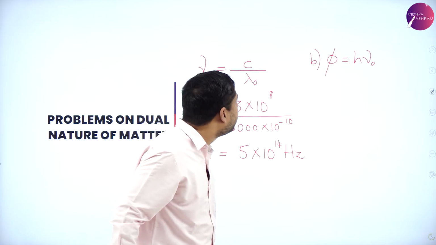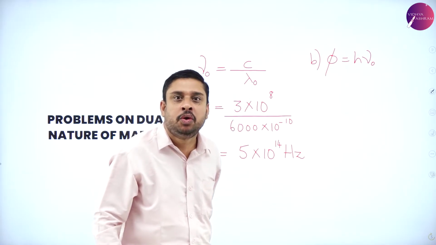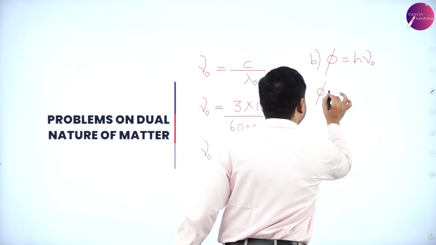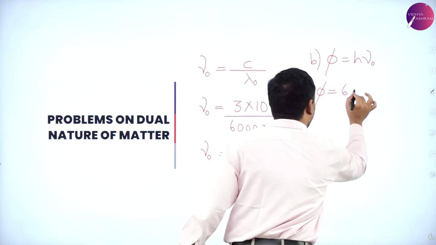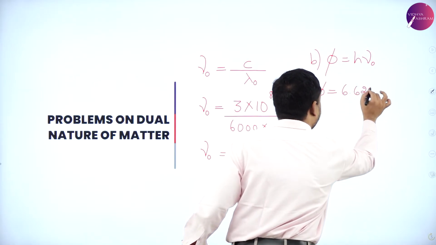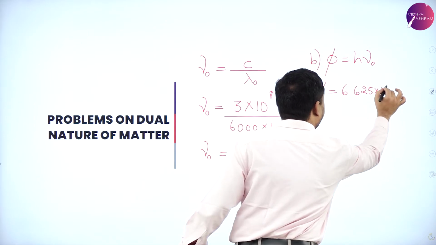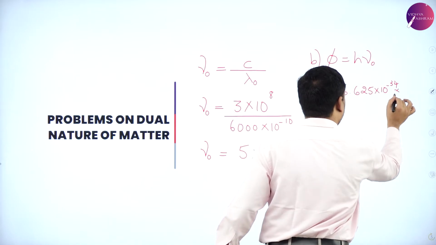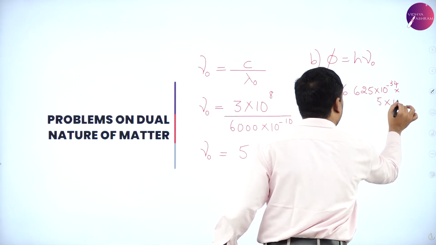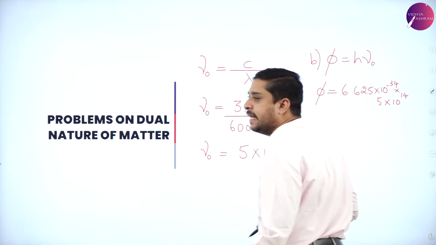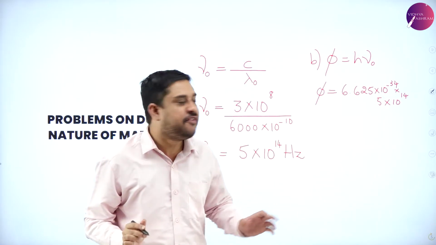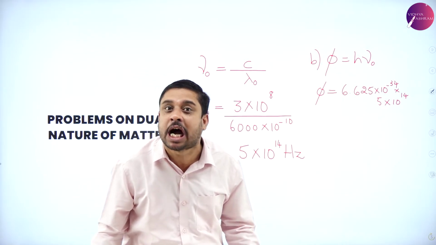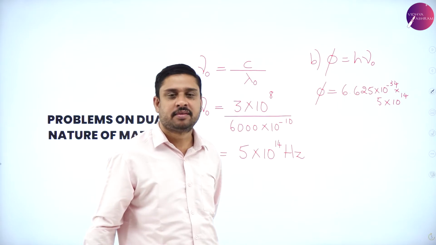Work function phi is h nu naught, or here phi is 6.625 into 10 power minus 34 into 5 into 10 to the power 14. When I simplify this, my answer is in terms of joule, work function.